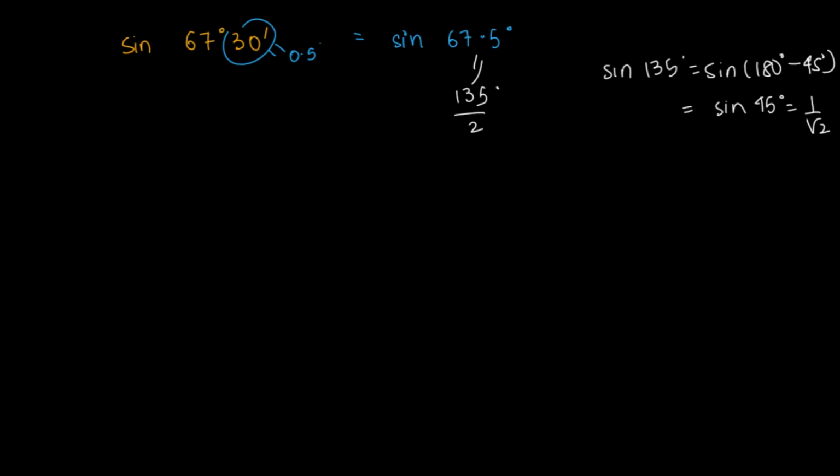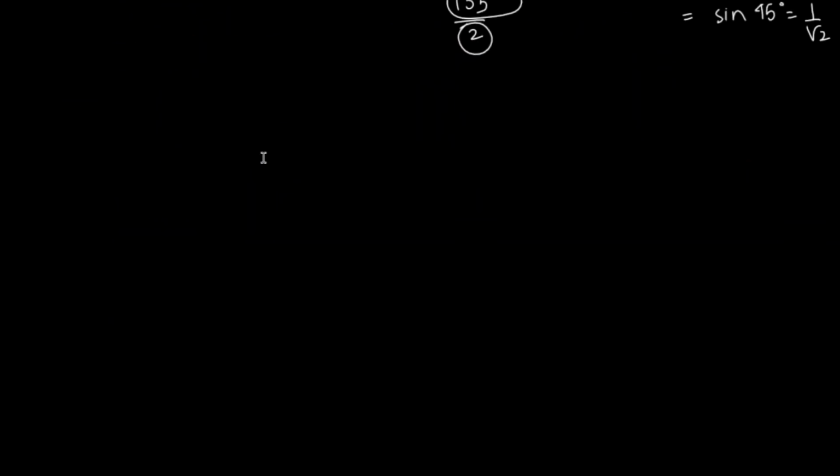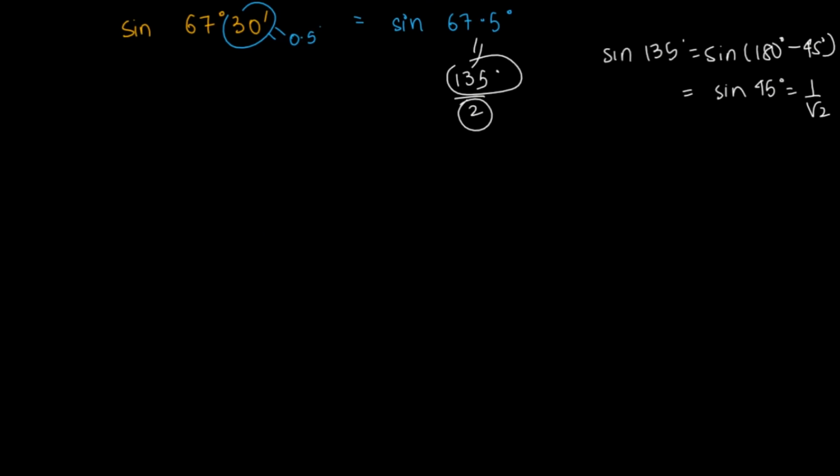But for the sine of 135 over 2, let's refer back to our double angle formulae. If you wanted to start out by using the sine of 135 degrees, since it's the double of 67.5, it's equal to 2 sine of 67.5 degrees times cos of 67.5 degrees.